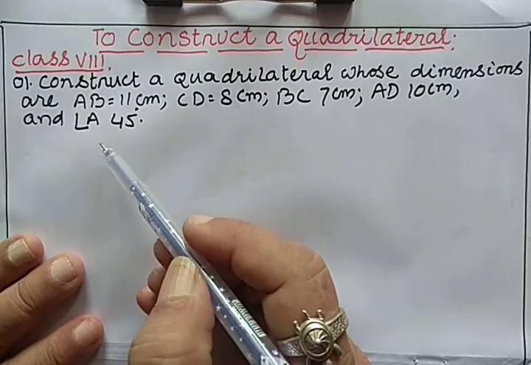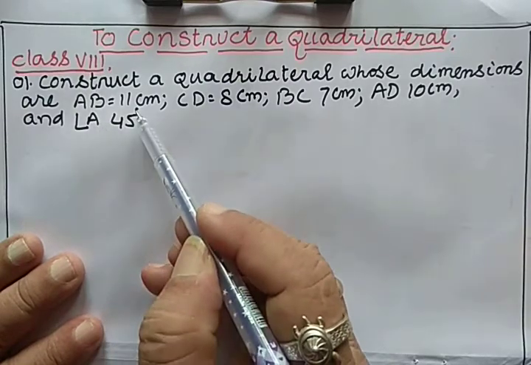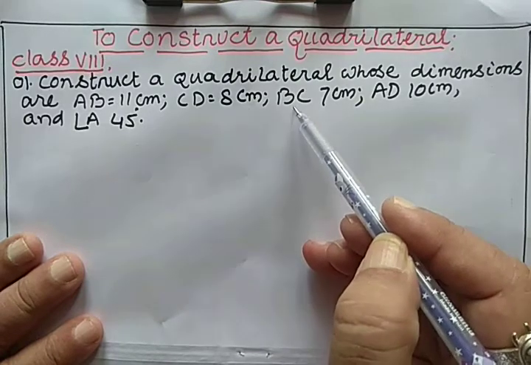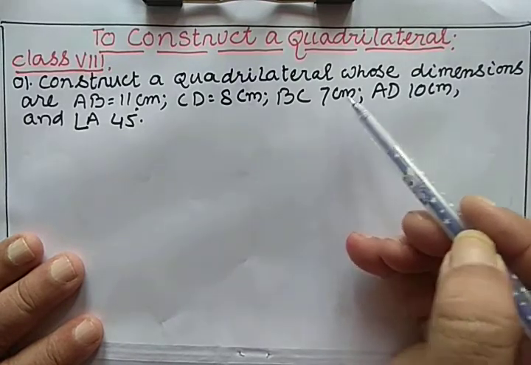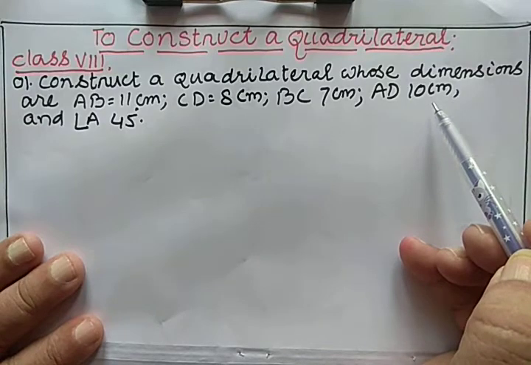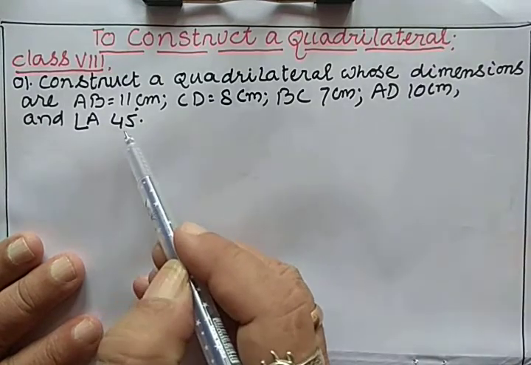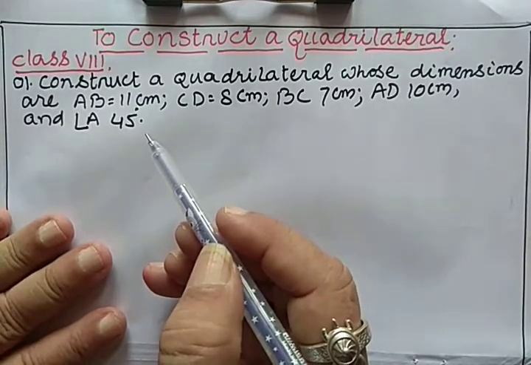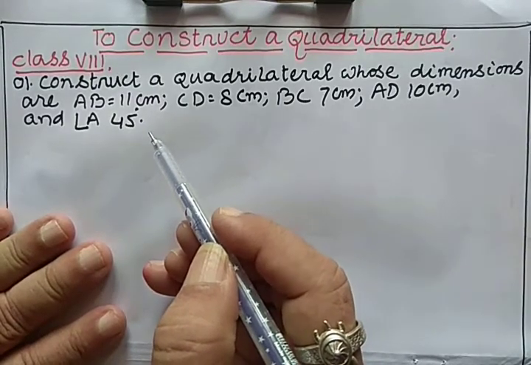What are the dimensions given? AB given 11 centimeters, CD given 8 centimeters, BC given 7 centimeters, AD given 10 centimeters, and angle A given 45 degrees. First of all, we should make a rough diagram.